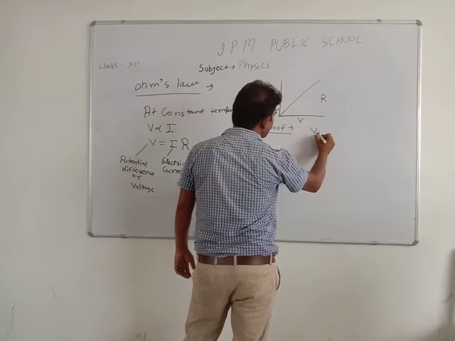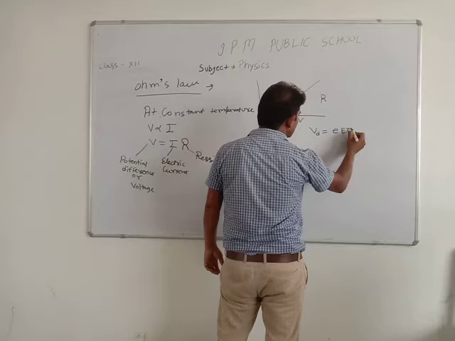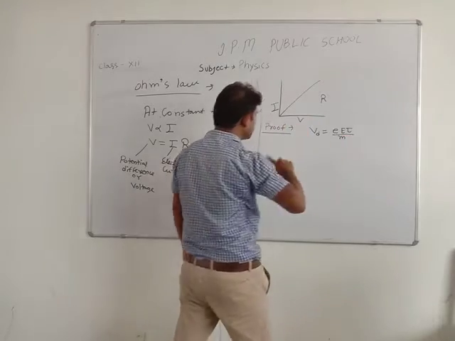Students, we know the formula of drift velocity: vd equal to e tau upon m.